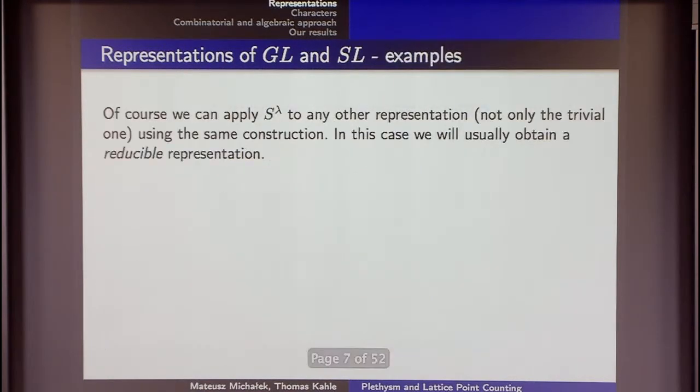But as we defined it, it really didn't matter that the starting representation was the most trivial one, V. I could have done it for any representation, take the tensor power, act with Young symmetrizer. So in fact, S lambda is a functor from representations to representations. If I apply it to just V, then I get the irreducible representations.